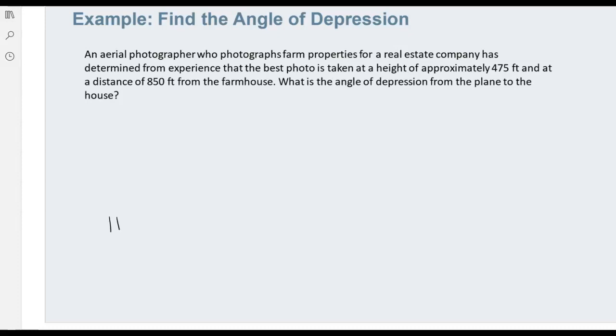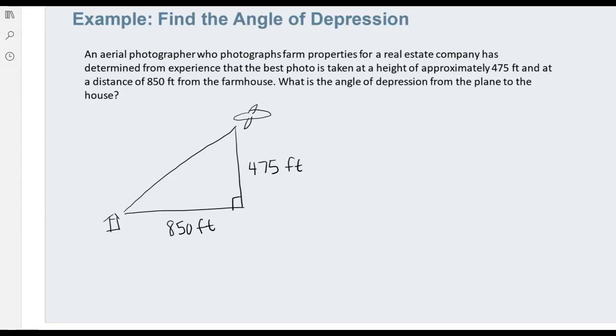We've got a farm somewhere over here, and a plane somewhere up here. And this height is 475 feet. And it's a distance of 850 feet from the farmhouse. The question is asking us to find the angle of depression.